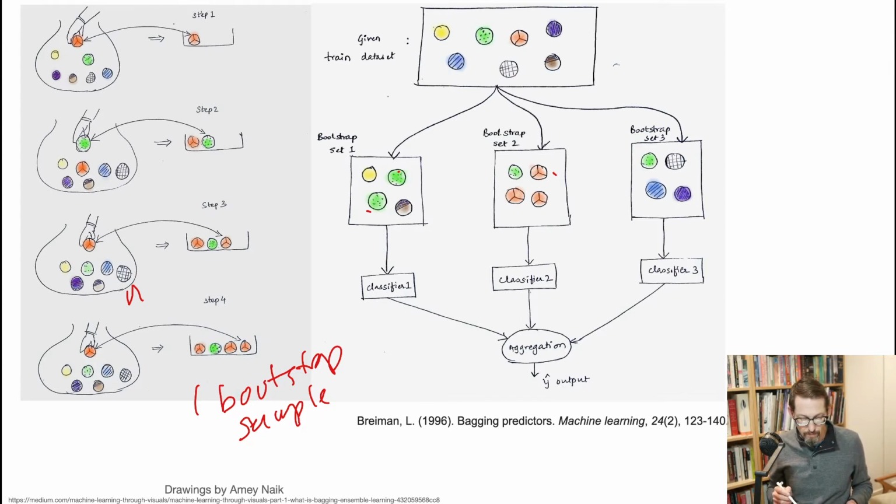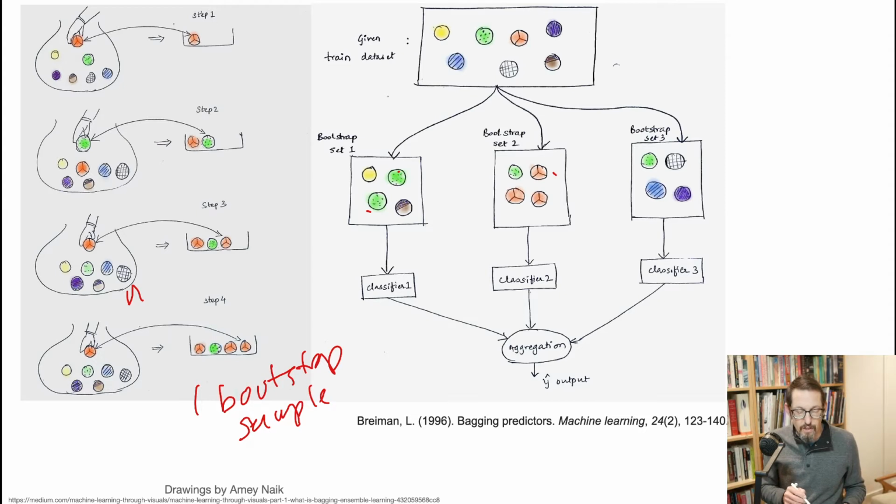So each one of these Bootstrap samples is a resampling of the data that we already had. And in that way, we're getting a slightly randomized version of the data set that we had. We're going to pick the same data set, but we're going to get just a random subset out of that data.